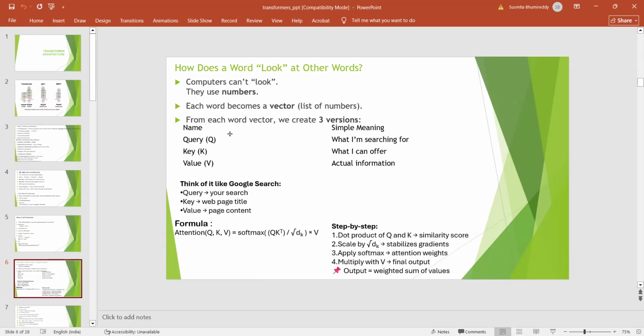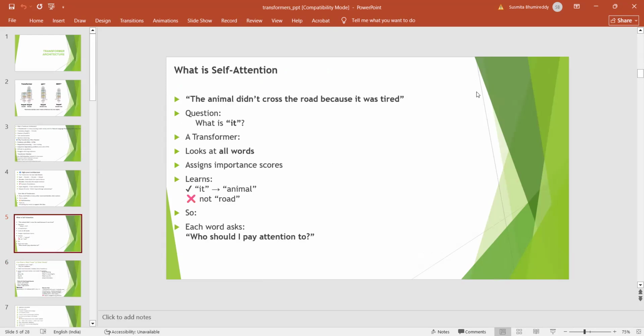Suppose this is a sentence, and we have a query and need to check it against every other word. Computers don't understand words, so each word becomes a vector, a number: the converts into a number, animal converts into a number, did not, so every word converts into a number.